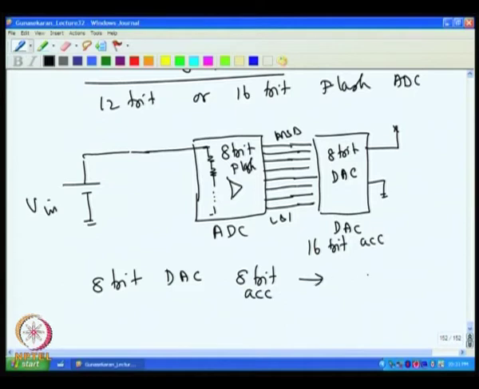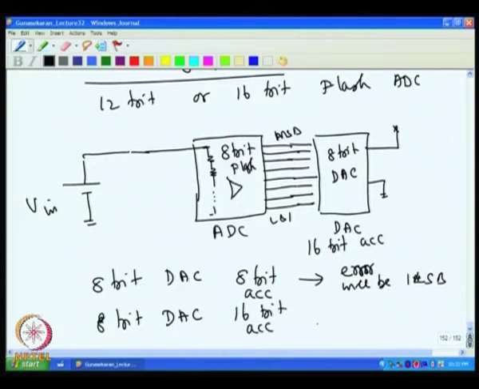then the error can be 1 LSB maximum. Whereas, if I look at an 8 bit DAC with 16 bit accuracy, it will have an error which is 1 LSB of 16 bit, not 1 LSB of 8 bit.